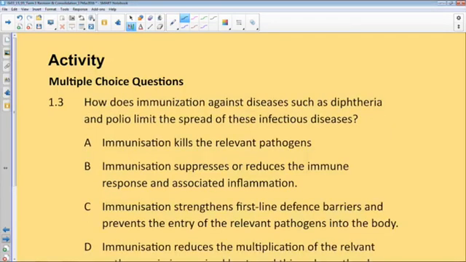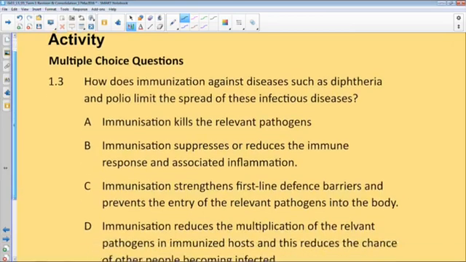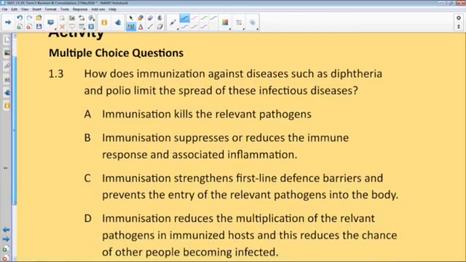Question 1.3. How does immunization against diseases such as diphtheria and polio limit the spread of these infectious diseases? A. Immunization kills the relevant pathogens. B. Immunization suppresses or reduces the immune system response and associated inflammation.